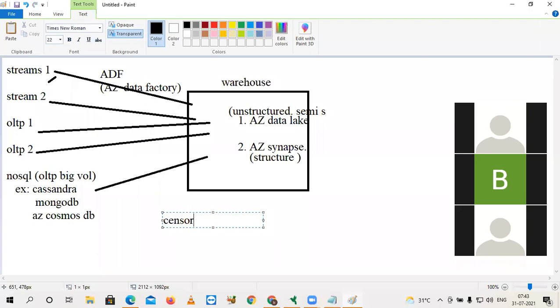Not only the sensor. Let's talk about log data. Nowadays, if you observe online shopping e-commerce sites, yesterday you went to some site, maybe Flipkart or Amazon.